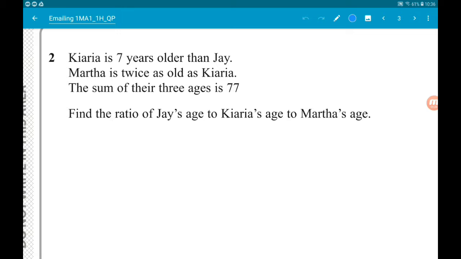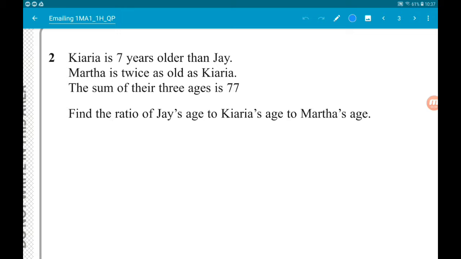We want to find the ratio of Jay's age to Kira's age to Martha's age. Okay, so where do we start here? Well, both sentences about the ages contain Kira. So Kira is 7 years older than Jay. Martha is twice as old as Kira.